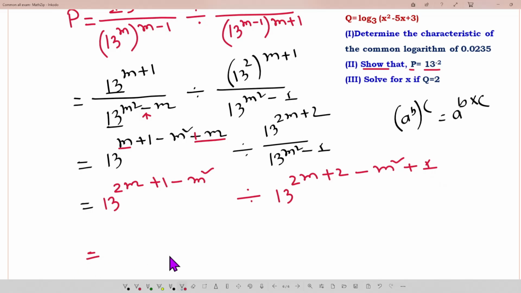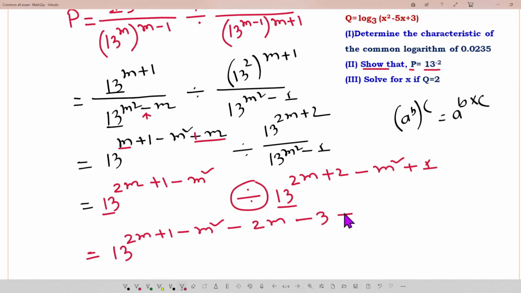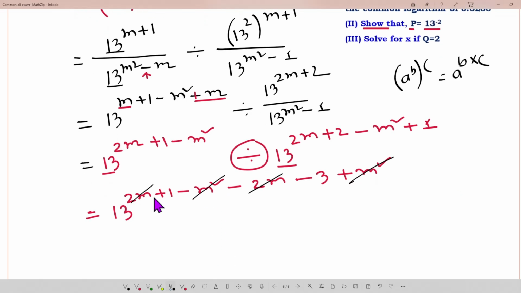Now this is 13 and 13 with a division sign, so the power will be subtracted. It means 13 to the power 2m plus 1 plus m square, minus 2m plus 2, and plus 1 means minus 3, and plus m square. Now look, minus 2m plus 2m out, minus m square plus m square out, and finally here is a plus 1 and here is a minus 3. So we will get 13 to the power minus 2.